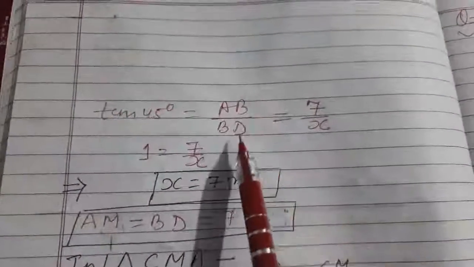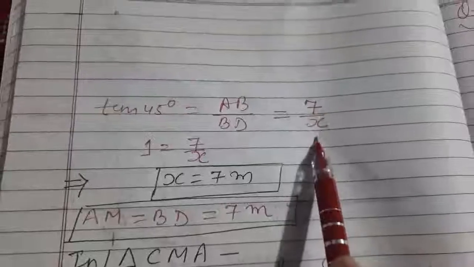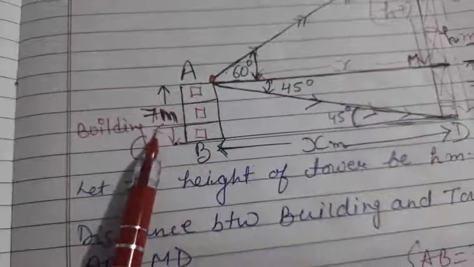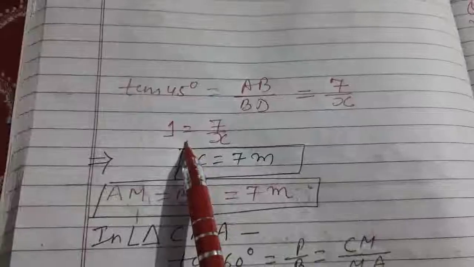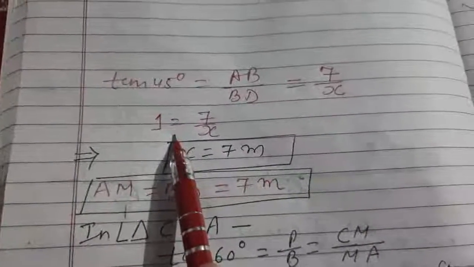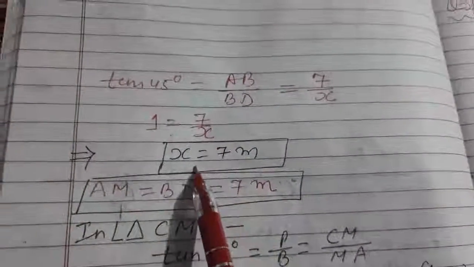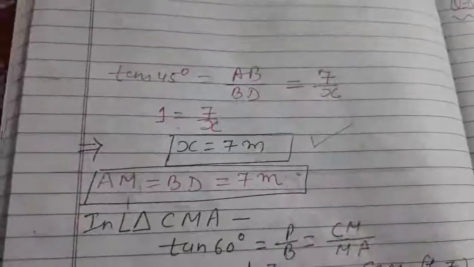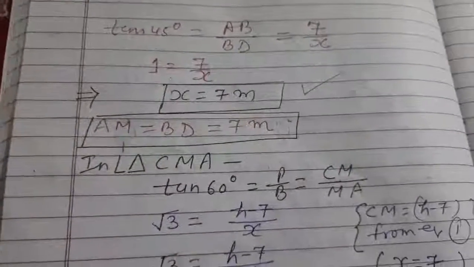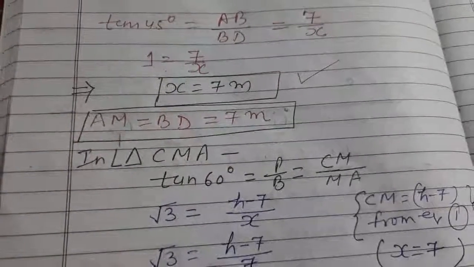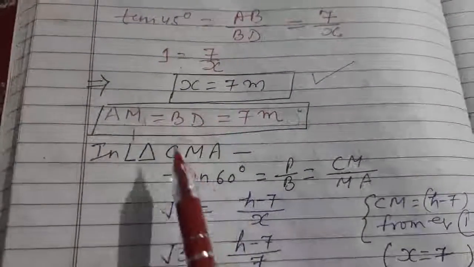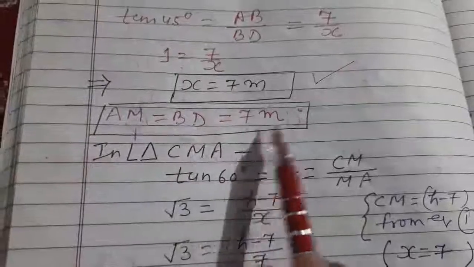Tan 45 is perpendicular upon base, which is 7 upon x. The perpendicular is 7 meter and the base is x. Tan 45 is 1, so 7 upon x equals 1, and x will be 7 meter. That means the horizontal distance between the building and the tower is 7 meter. Now AM is equal to BD is equal to 7 meter.